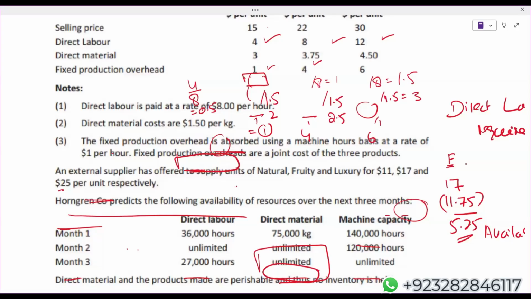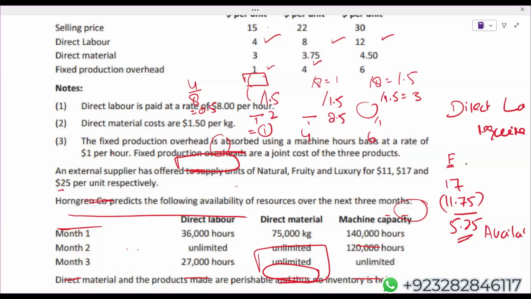The saving is 5.25 per unit. Repeat. Supplier is asking $17 per unit of fruity. Internal making cost is 11.75. So when we will be producing fruity internally, per unit the saving is 5.25.